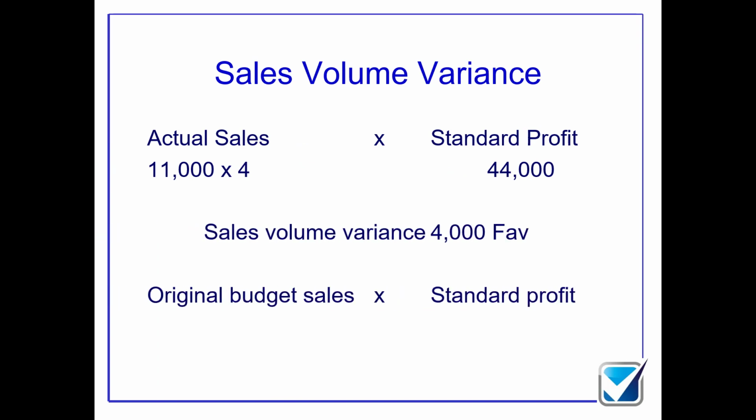We then have original budgeted sales of 10,000 units at $4 profit, which gives me $40,000. That now gives me a sales volume variance, which is going to be favorable again. So we have a favorable volume variance, but here we had an adverse price variance, and those two things will be linked together.